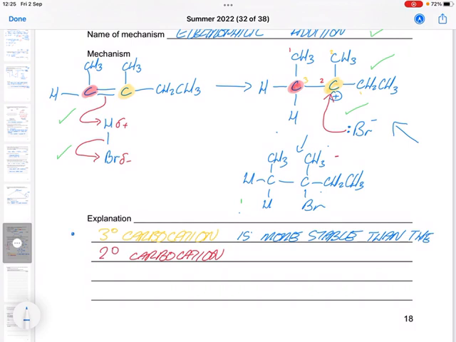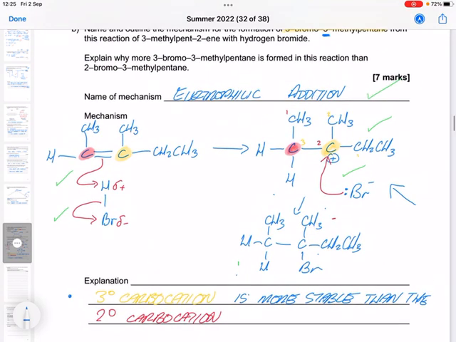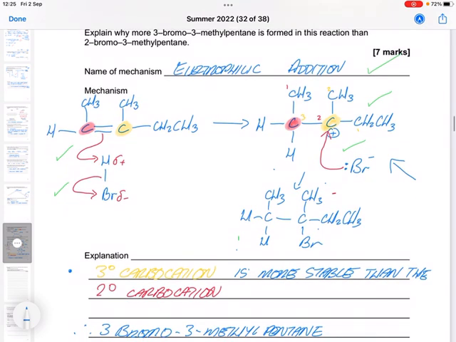Therefore, now we make the 3-bromo, don't we? So therefore, 3-bromo, 3-methylpentane is formed.